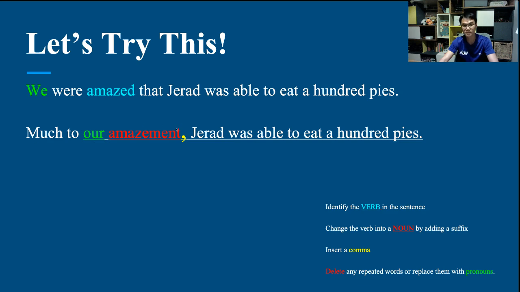Much to our amazement, and this is where the comma comes in, synthesis rule number 3, Jared was able to eat 100 pies. So verb changes into noun, pronoun changes into possessive pronoun, comma is added, and in this case, we did not have to delete any words. We simply replaced our pronoun with a possessive pronoun.